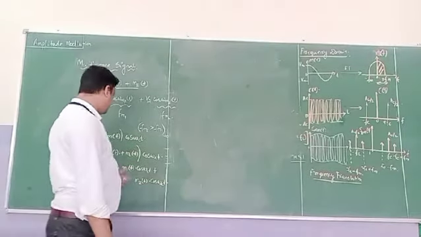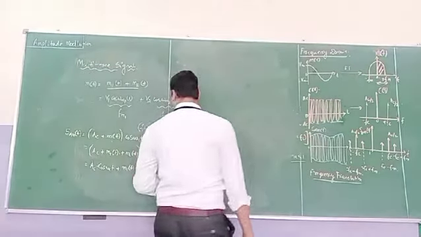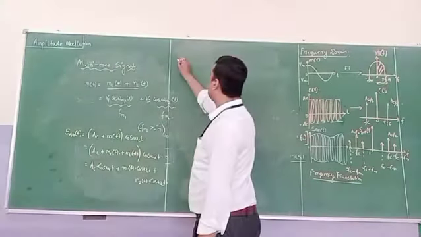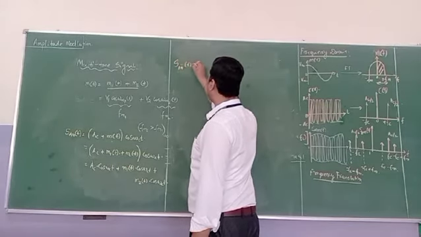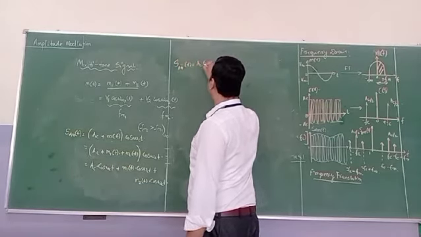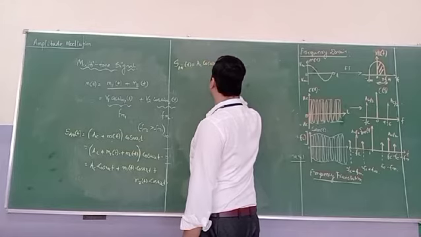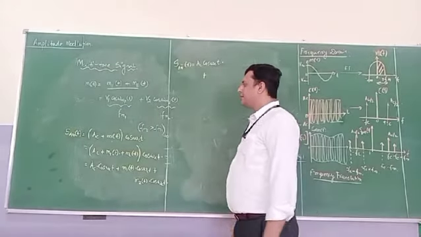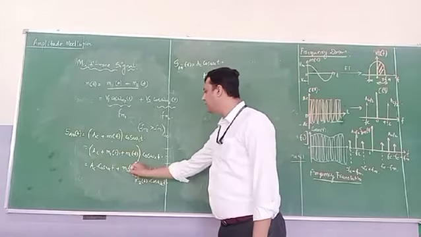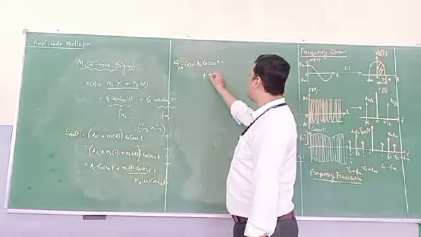Now when I expand this relation, I will write S suffix AM of t. The first component is the carrier, which remains as it is. A carrier component is available. Second, if I expand this, what will I get?